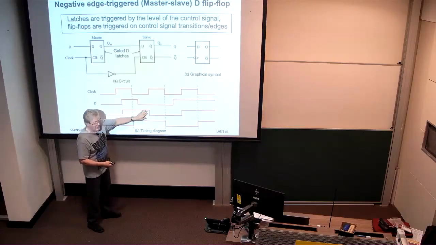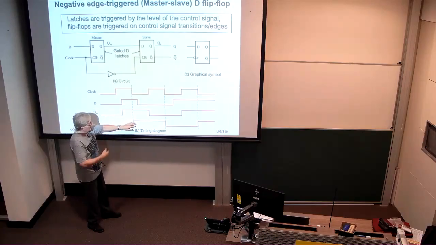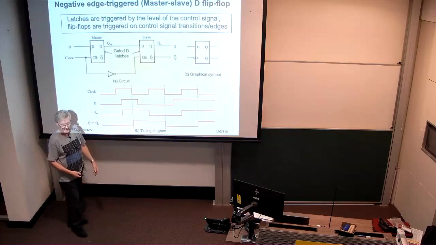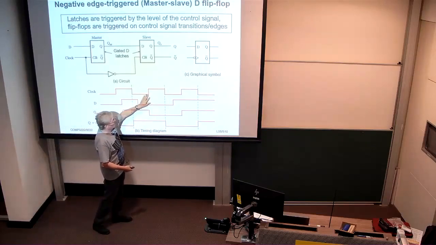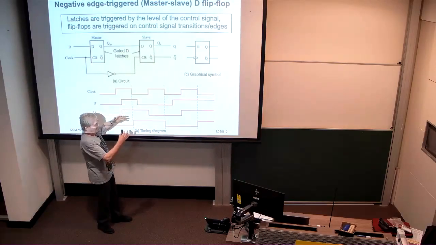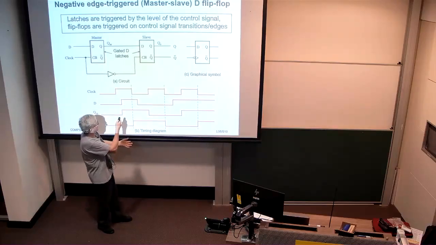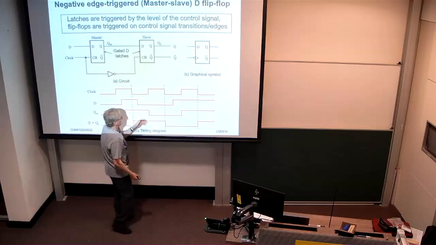But because QM doesn't change, the output QS, the slave output over here, or Q overall for the master-slave, can't change any further, right? It can't change until we have, again, an active high clock, in which case the slave is frozen.